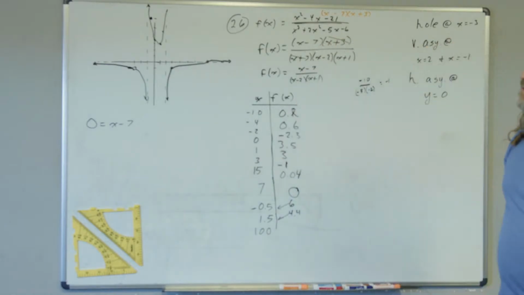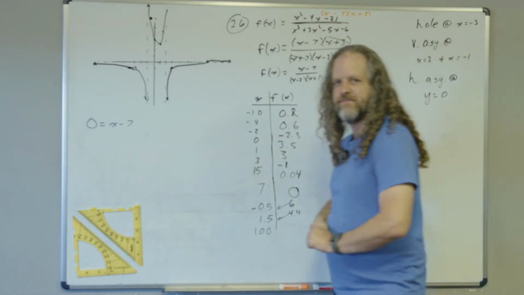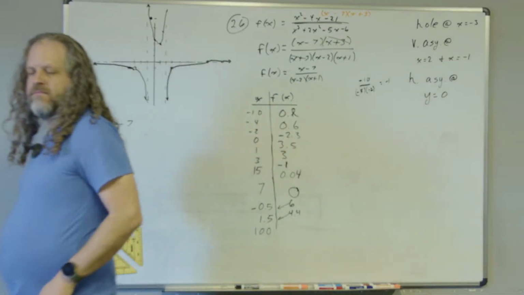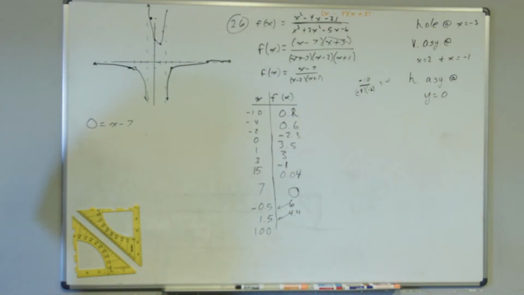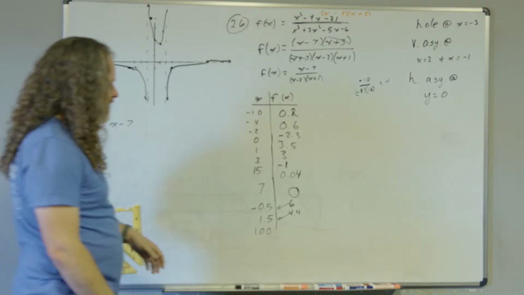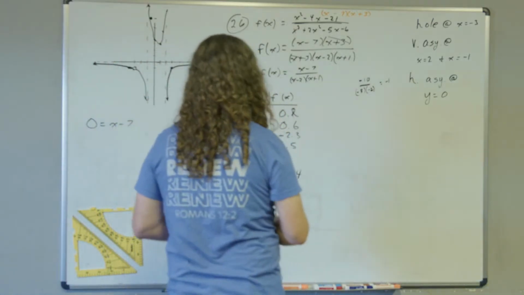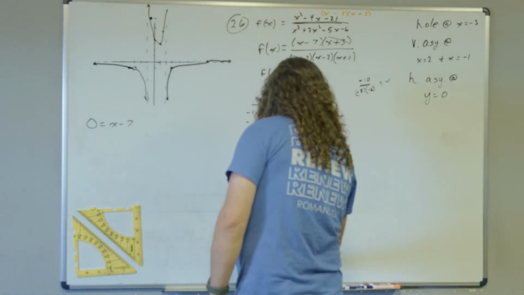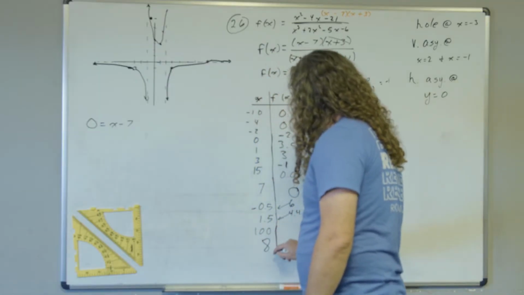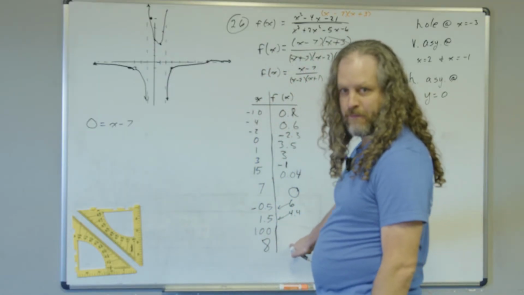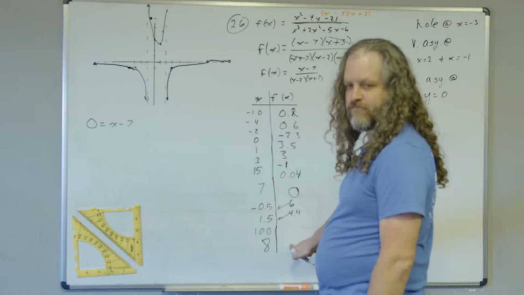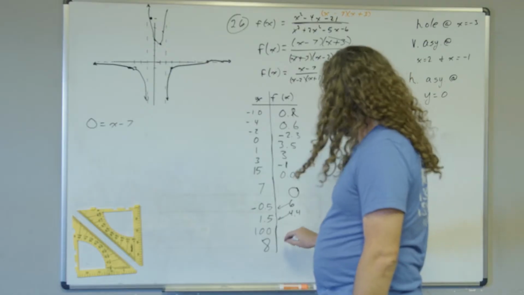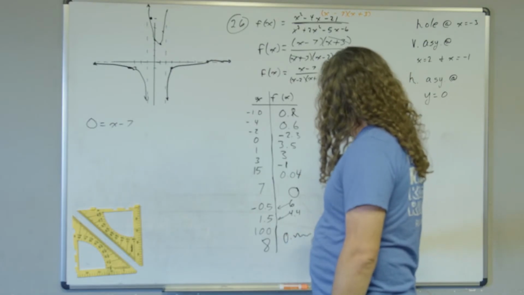It's above 0. What is it at 8? At 8, it is just above 0. So 0 point tiny.